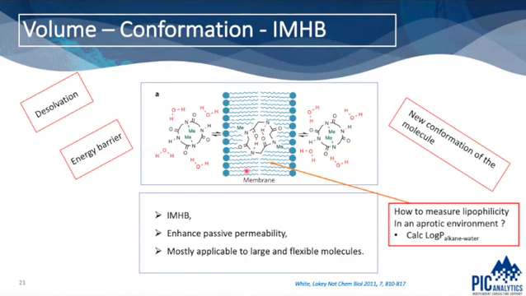Because we still had good passive permeability, the question would be how could we measure lipophilicity in a lipidic environment, knowing that the shake flask is limited by the solubility of the compounds, when you have octanol that still has some polar groups, and water, how do you do it with an alkane?